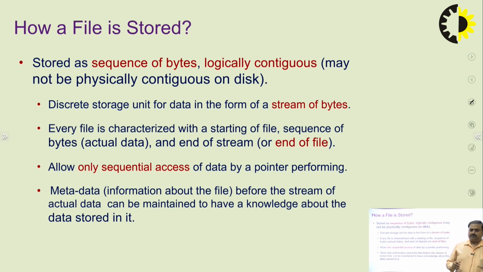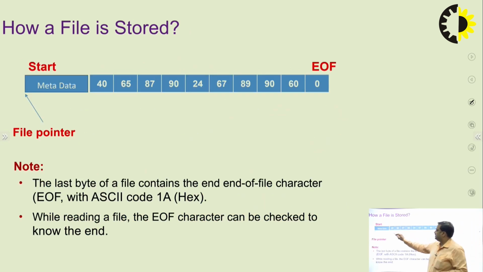A file is basically a discrete storage unit for data in the form of a stream of bytes, and every file is characterized by the start of the file, a sequence of bytes that is the actual data, and the end of file. So every file contains three things. The first thing is metadata. What is metadata?